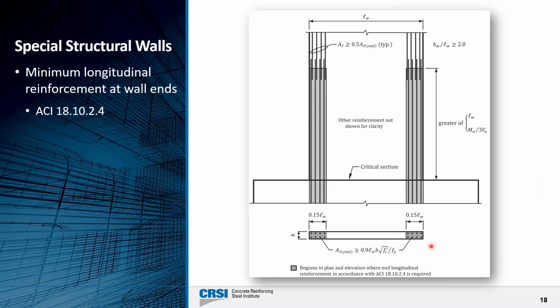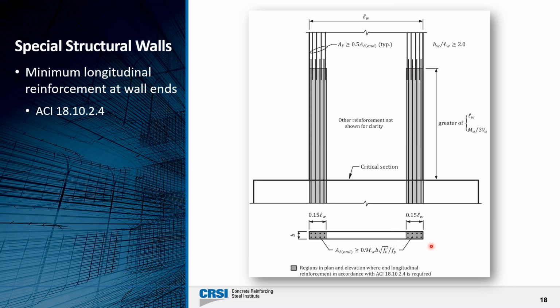If you look at the elevation of the wall, that occurs not only in plan over that distance of 0.15 l sub w, but also over the height of the wall, the greater of the length of the wall, or M sub u divided by 3 V sub u. That's your classic plastic hinge region.